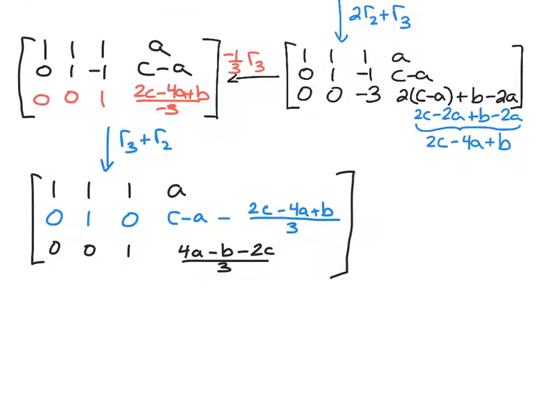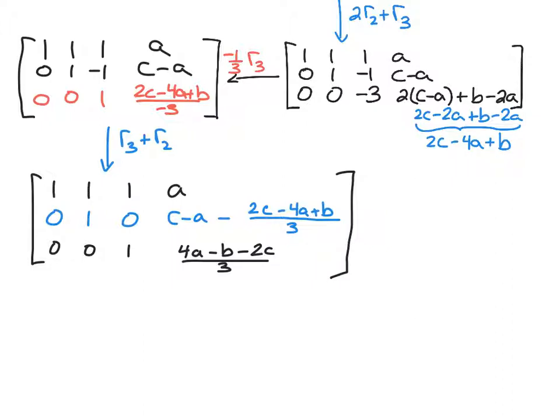All right, eventually we're going to have to do something with row 2 because I want to use that on row 1 to get rid of that middle entry. So it's going to happen. It's just a question of do I want to clean it up now or do I want to clean it up later? It's kind of up to you.